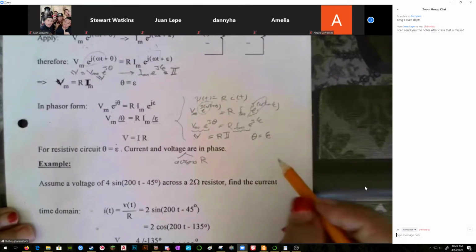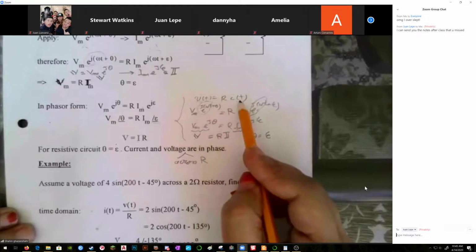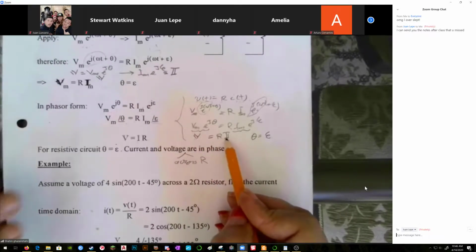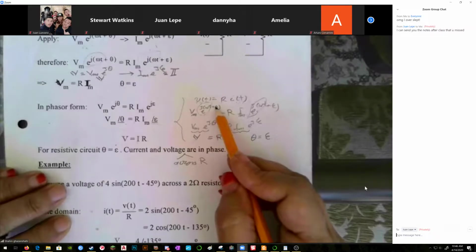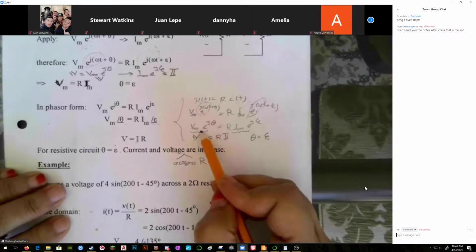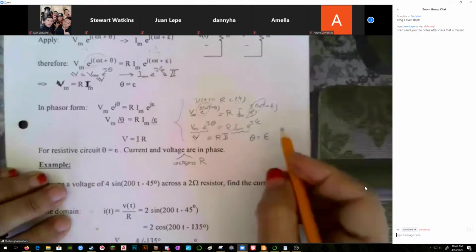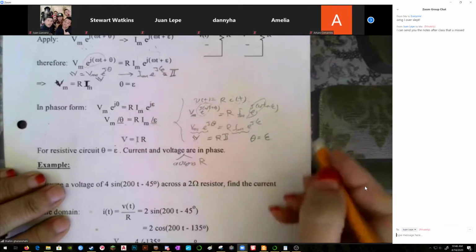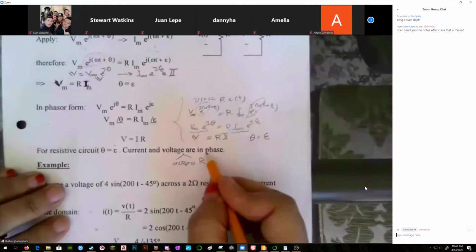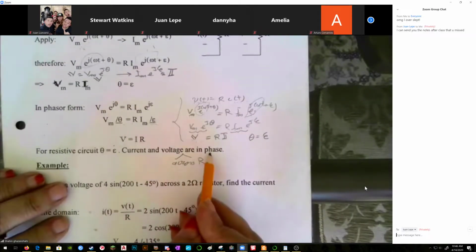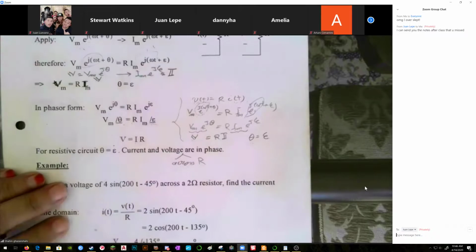If I do it in the time domain, voltage is R times I, and in the phasor domain, voltage is R times phasor current. And you see that the angle here is exponential of j theta. When I equate them, these two angles should be the same. So the voltage and current across the resistors have the same phase angle. That's why we say they are in phase.